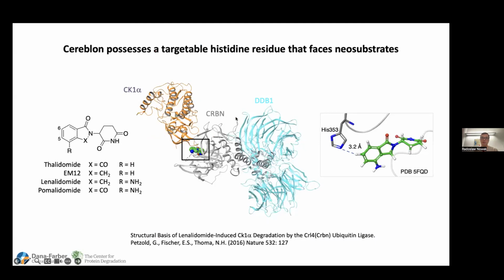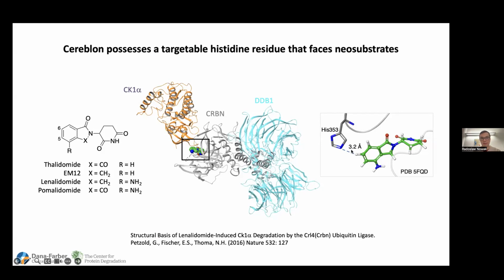If we now look at some of these small molecules, like analogs of cereblon binders such as thalidomide, lenalidomide, and pomalidomide, they vary only by a couple of different atoms, but they are able to effectively recruit proteins for degradation through binding of this beta hairpin loop, noted here in the casein kinase 1 alpha structure.